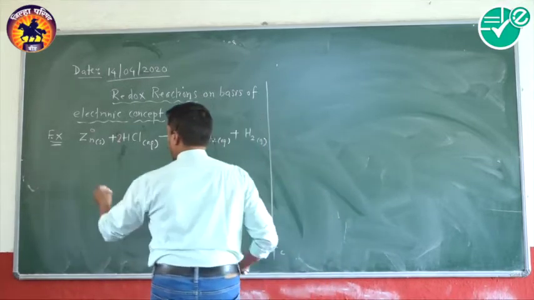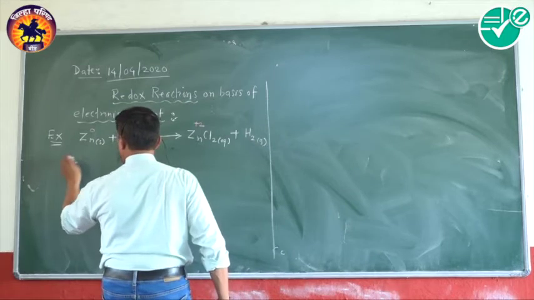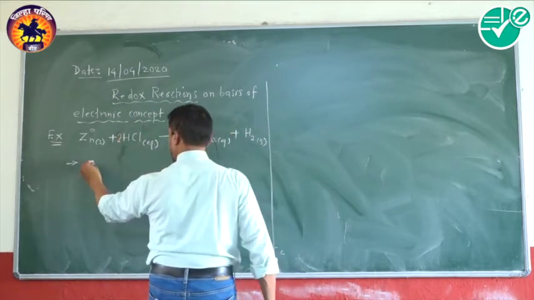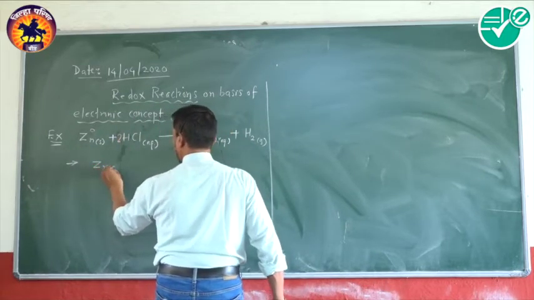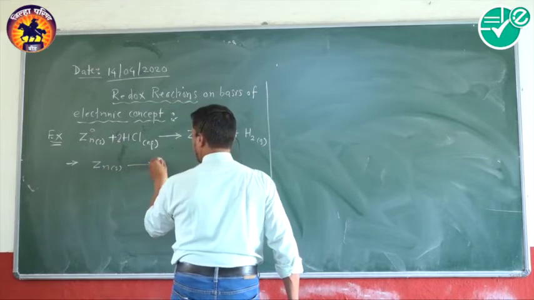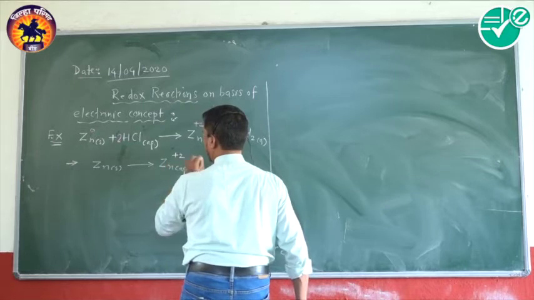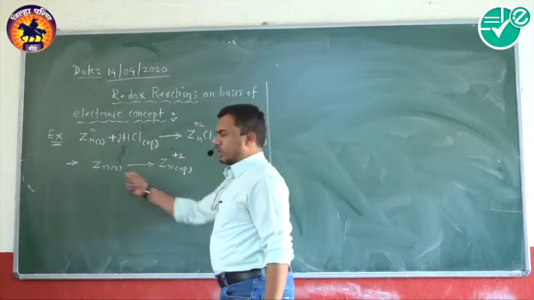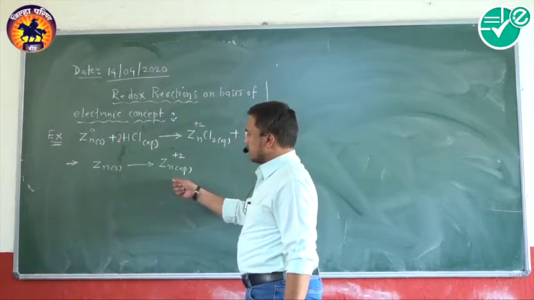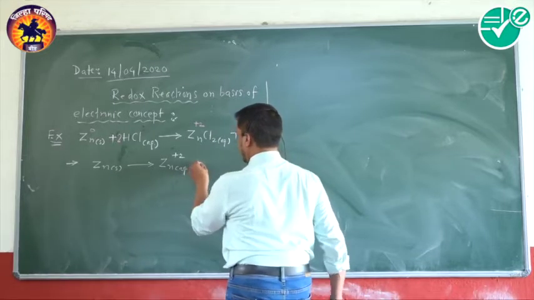So the first reaction in the redox reaction, zinc changed to zinc ion, this reaction is called the oxidation reaction.